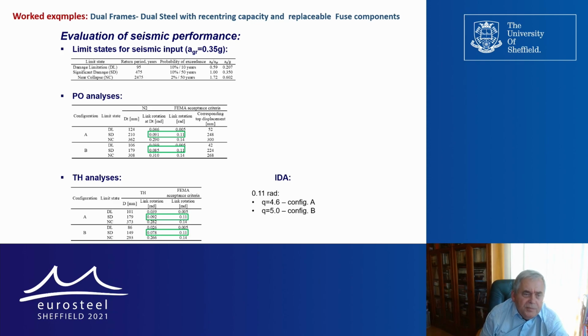If you look at the results after time history dynamic analysis, you can observe what we have already observed: really small deformation for severe, significant damage, which corresponds to the ultimate limit, and of course larger in this case for collapse prevention.